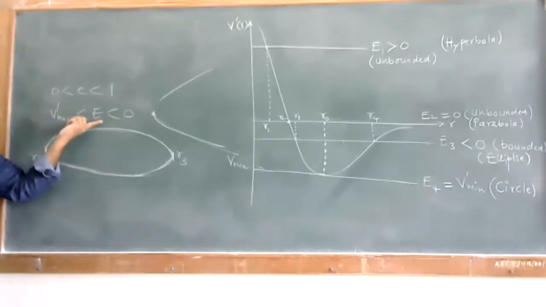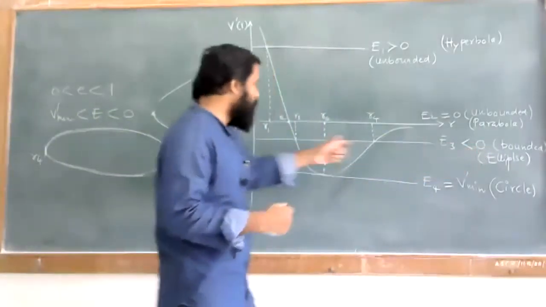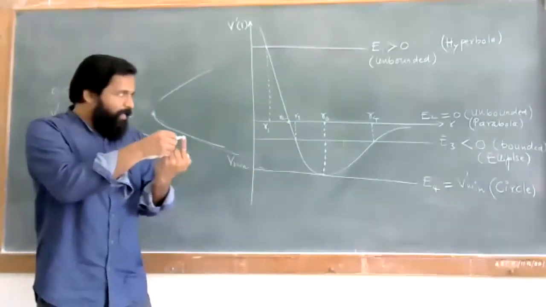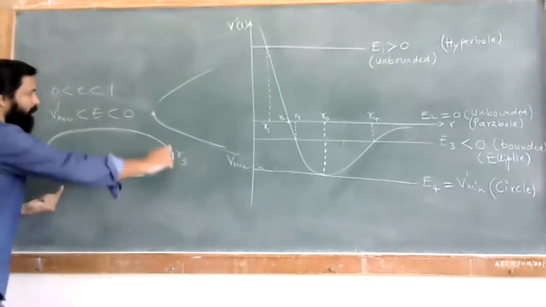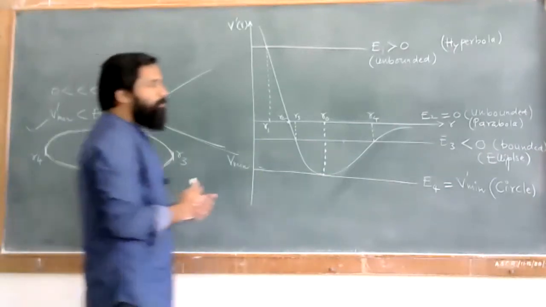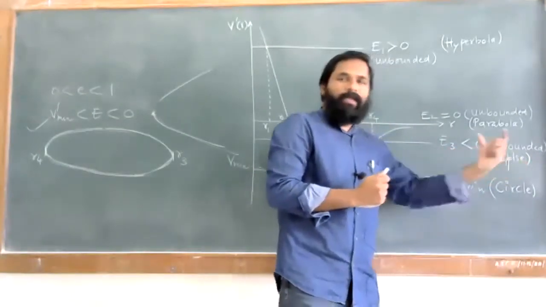So these are the cases where we can have a bounded motion. For the third case, the particle is coming from R3, it takes a turn and then again moves to R4 and again comes back. So this is called a bounded motion. That's why the value of E3 is less than 0. So you can have that bounded in terms of an ellipse.